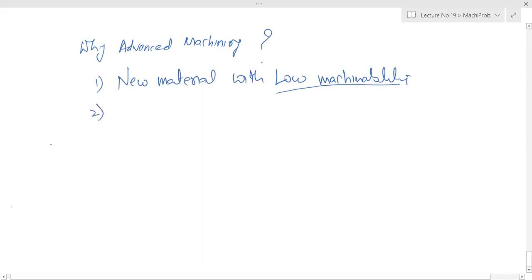Second, dimensional and surface finish requirement.